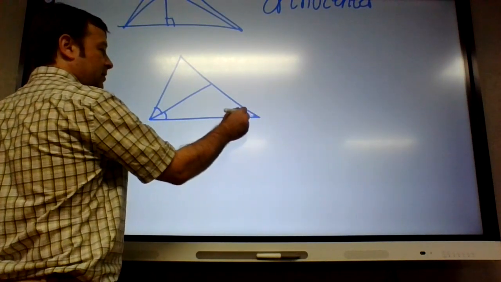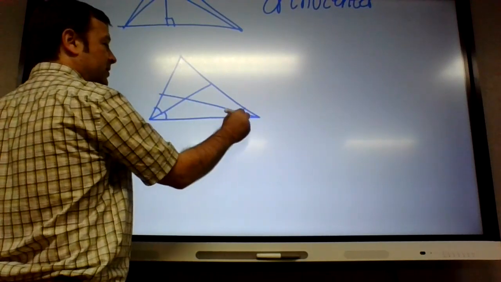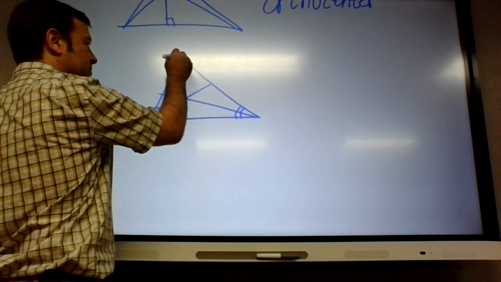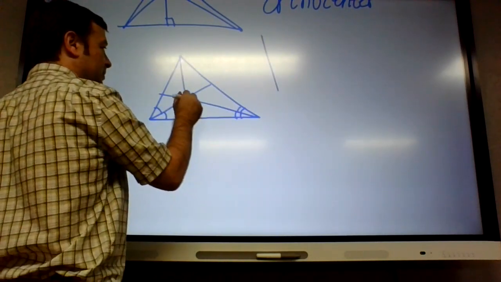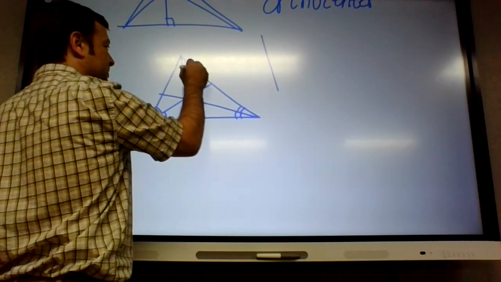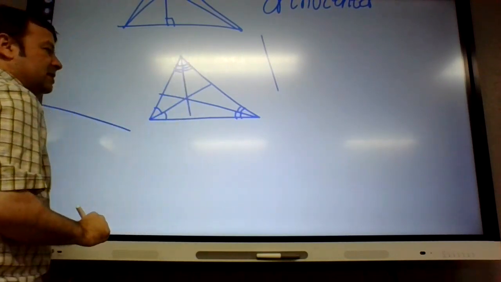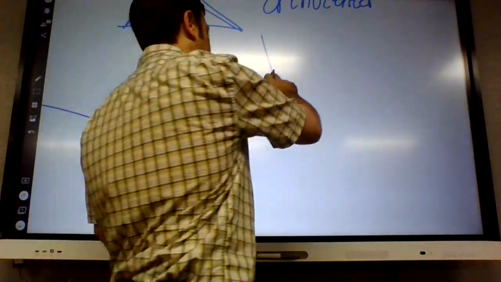So if I draw all the angle bisectors, it's kind of hard to do this perfectly. That was pretty good. They meet at one point again.